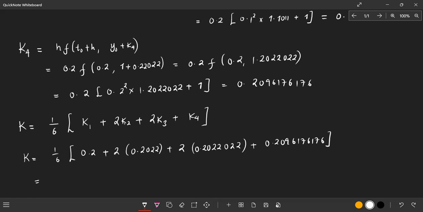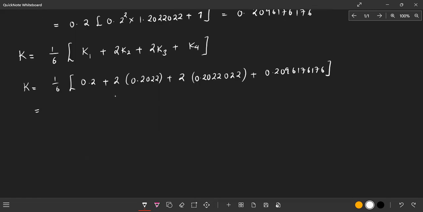Okay, to simplify that value of k, let me just put everything in a calculator. So remember, this will be y1 because it's just one iteration, right? So this is the y1 at t1. Our t1, remember, is that value given, which is 0.2. So remember, this is y naught plus k.